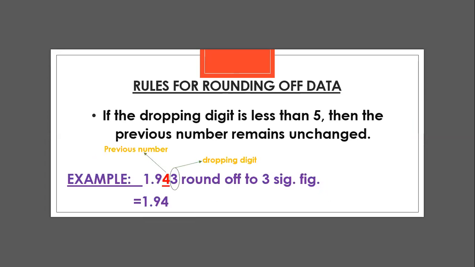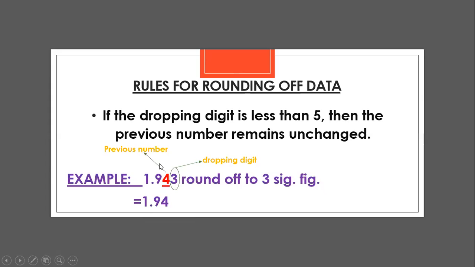First rule, if the dropping digit is less than 5, then the previous number remains unchanged. For example, if you are given this number 1.943 and I have asked you to round off to 3 significant figures.